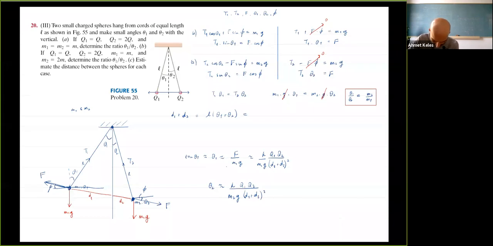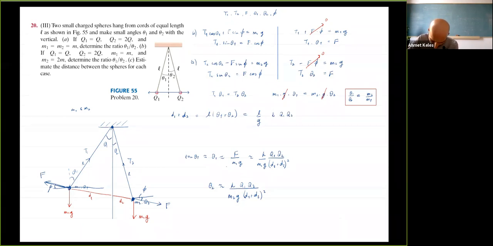Then this whole thing is equal to L over G. Now I'm just copying what I just found for this. So I just wrote L, and let me write K Q1 Q2.